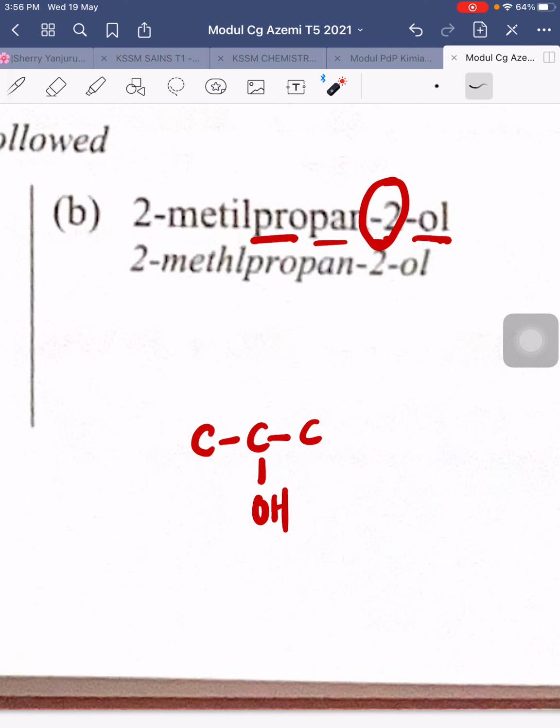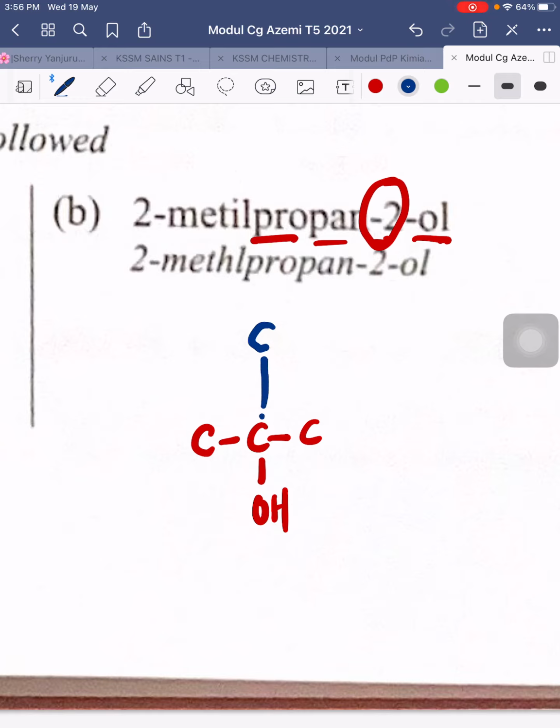Next, as I have mentioned earlier, methyl is a branch. Okay, methyl is a branch. Where is it situated? It's situated in the second carbon. So second carbon, you draw a C here with 1, 2, 3 H. Okay, 1, 2, 3 H. So the rest of the carbon, one carbon must have 4 bonds.